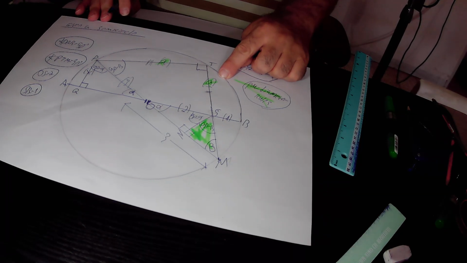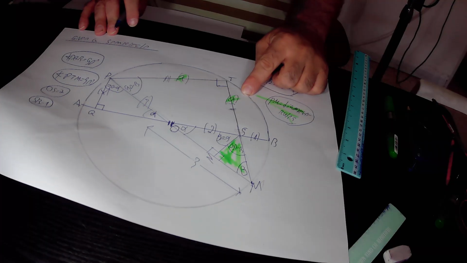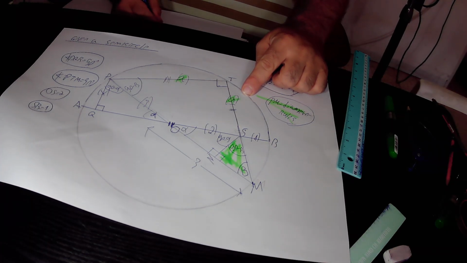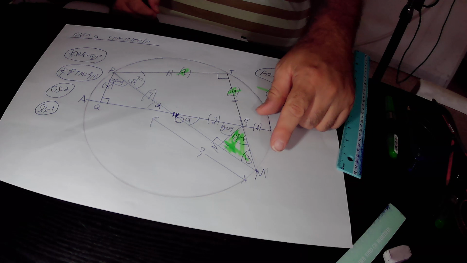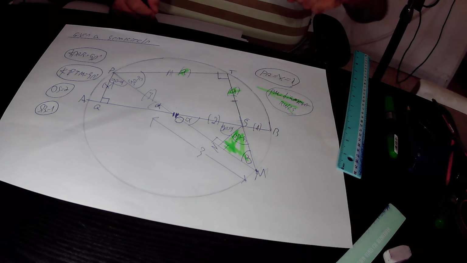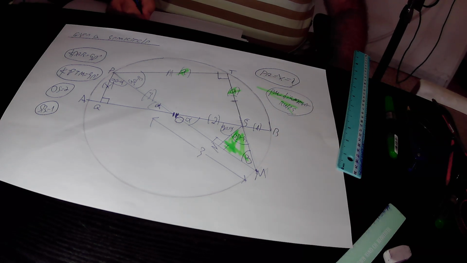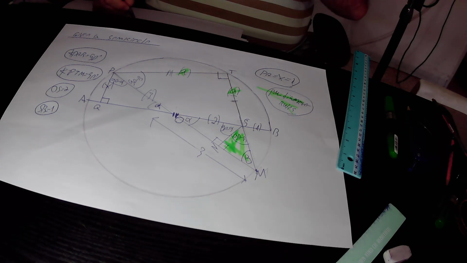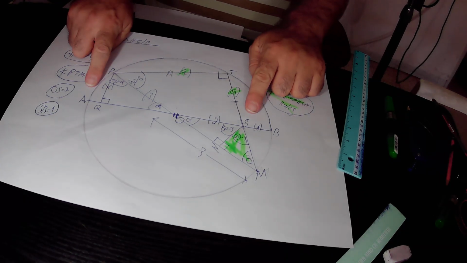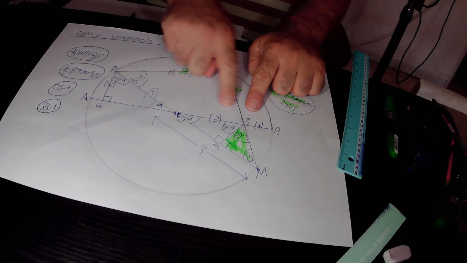TS equals A units in its length according to our definition, times SM. SM is the missing side, so we leave it as it is. And it is equal to AS. AS in total equals AO plus OS.